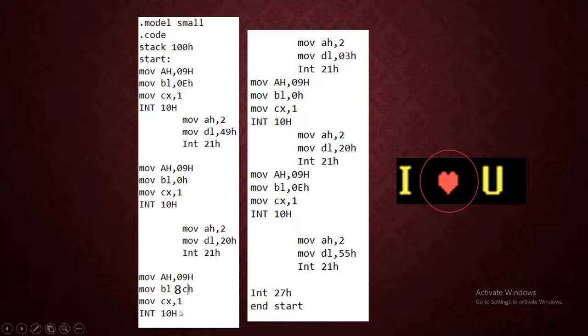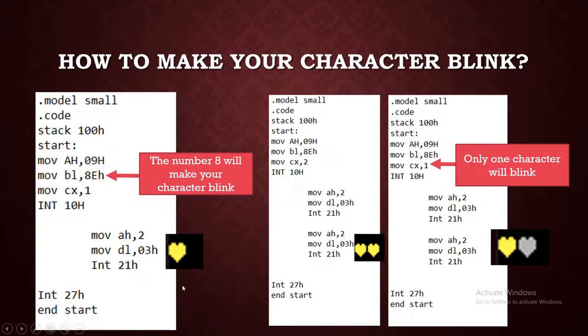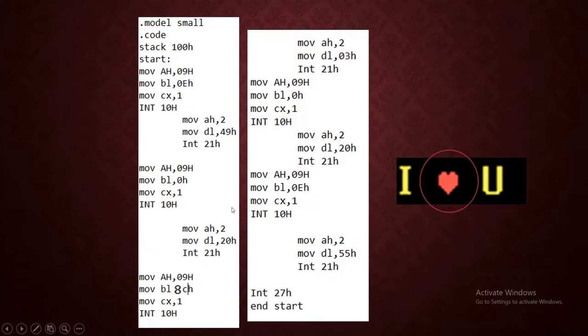What we did is you just go to the code and change it to number 8, because the number 8, as I mentioned a while ago, is responsible for the blinking of our character. So you just have to change the first digit of the hexadecimal value to 8, and the output will be a blinking heart, but the big letter I and big letter U are not blinking.